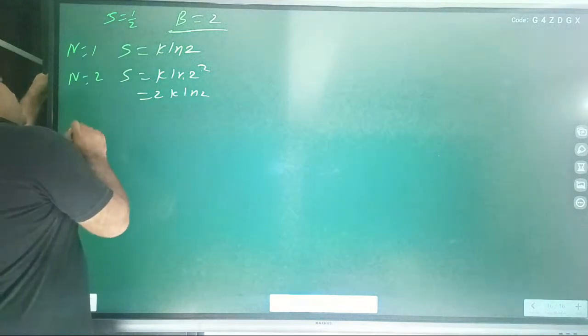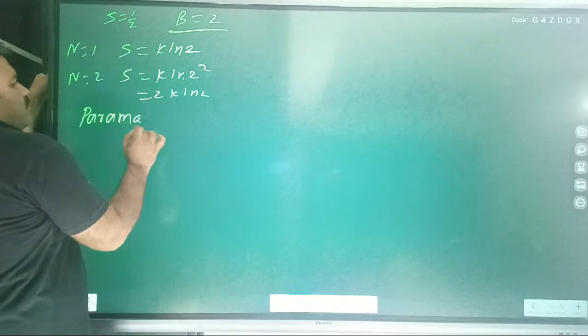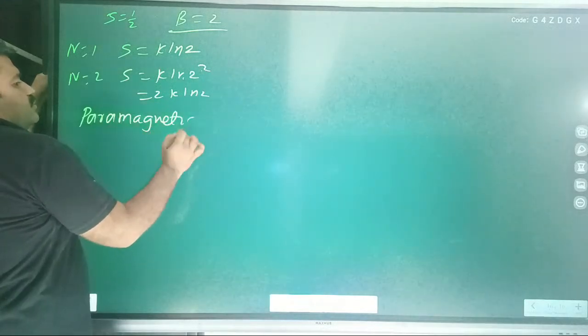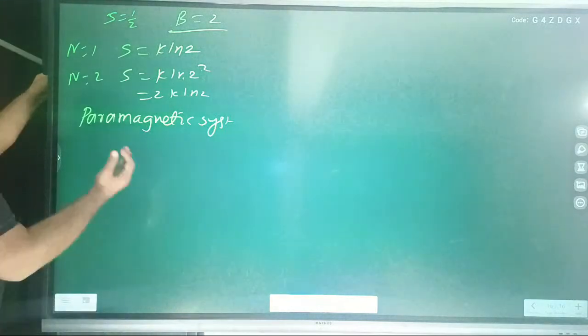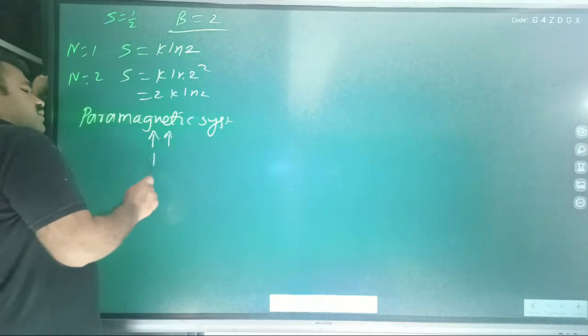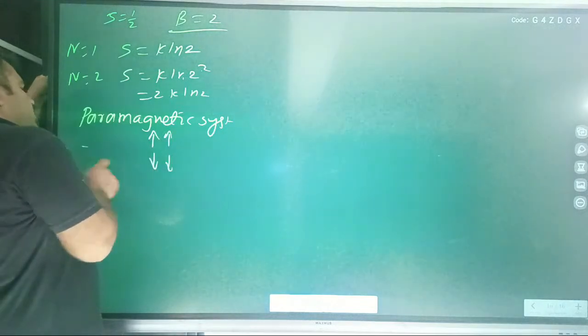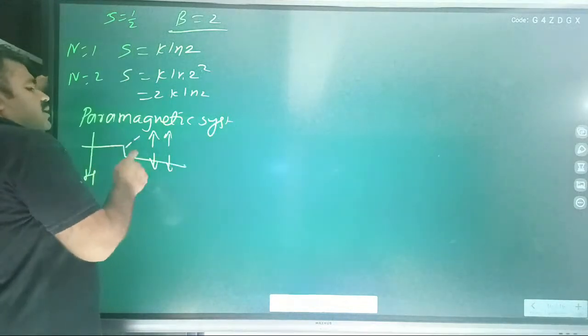They are given equal particles in a paramagnetic system. What happens in a paramagnetic system? We can apply an external magnetic field. Some spins align in the up direction, some in the downward direction.